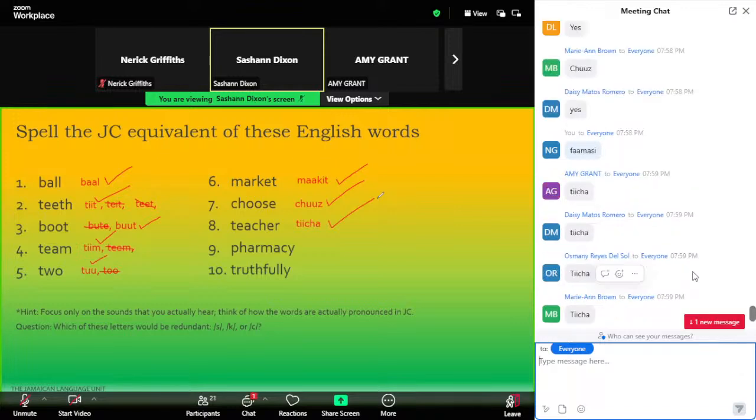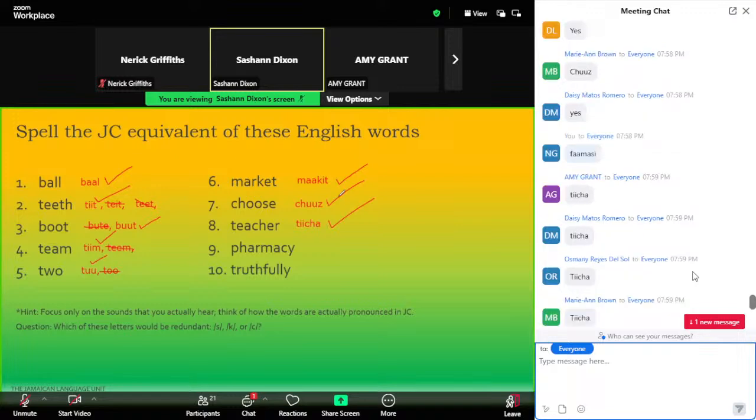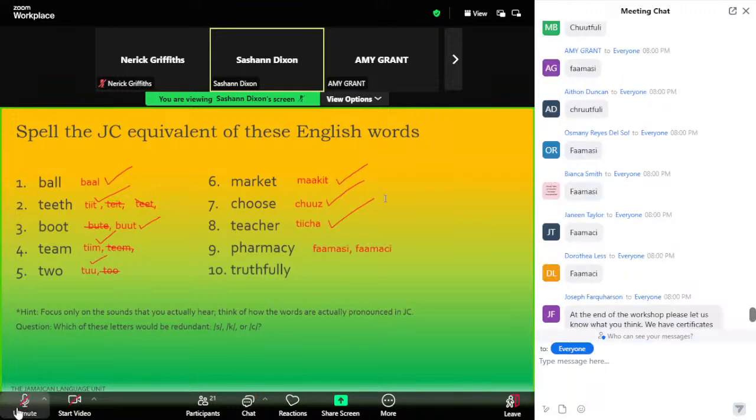Now, pharmacy. That one should be fairly easy. Pharmacy. That looks good. Oh, I have 2 options. Go ahead.